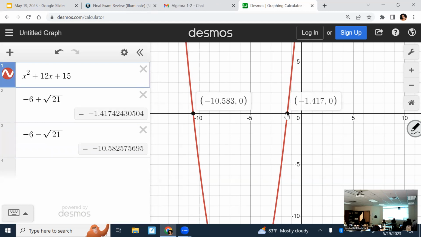So since it's multiple choice, you could do that with your answer options to find the irrational solutions even by graphing. That makes sense? Okay. So there you go.